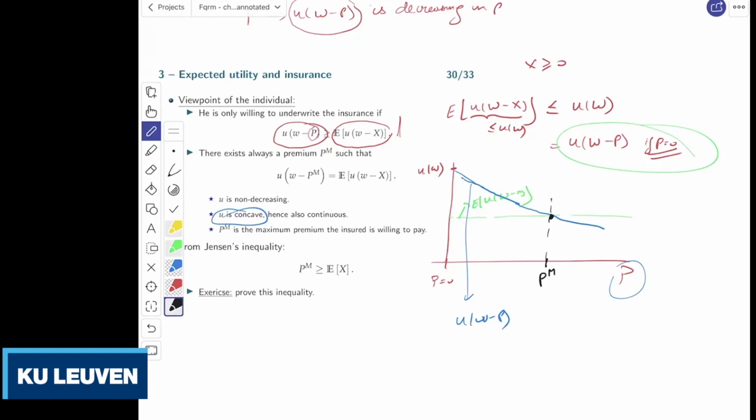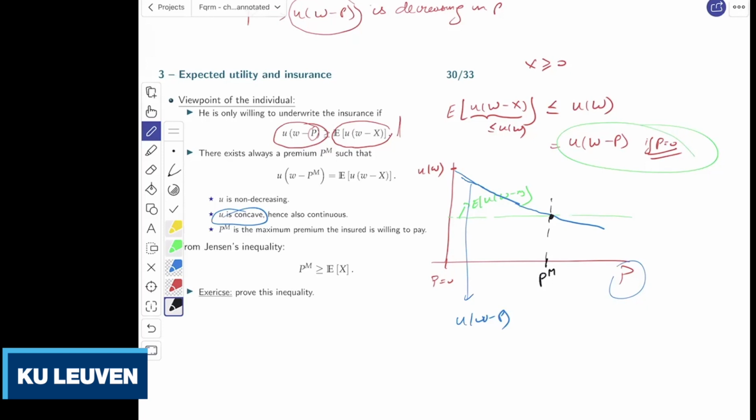Okay? If you then have a look at this PM, you see that in between 0 and P big M, your blue line is always above your green line, meaning that for premium 0 until PM, you prefer to take insurance. Taking insurance will increase your utility. For any premium P that exceeds this PM, you prefer to take the risk.